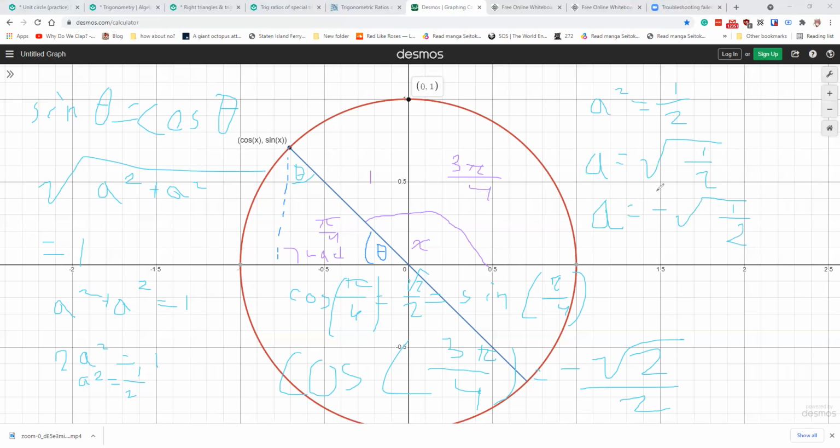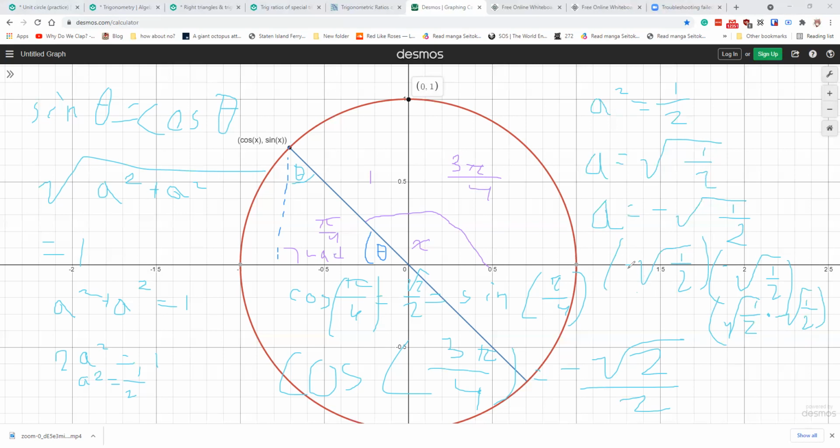And why is this? Well, let's go ahead and see what happens if you multiply this by itself. Negative root 1 over 2 times negative root 1 over 2. What do you get? Well, this becomes root 1 over 2 times root 1 over 2. And by definition, this is equal to 1/2, right?